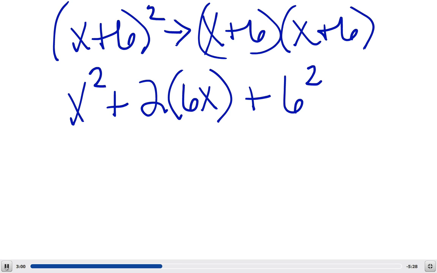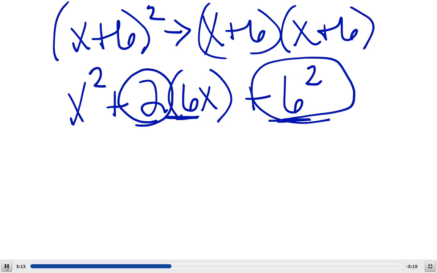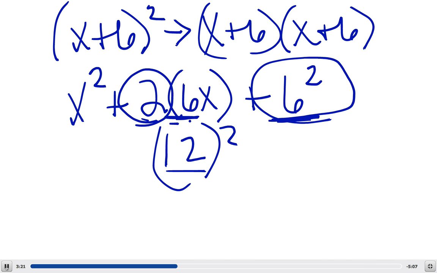And if we take a look at what's going on here, we'll notice that we're basically doubling the number here. And so what we're talking about is when we complete the square, to be able to find our c value, 2 times 6 is going to be 12. And so if we square 12 divided by 2, that's going to give us the same thing as our 6 squared.